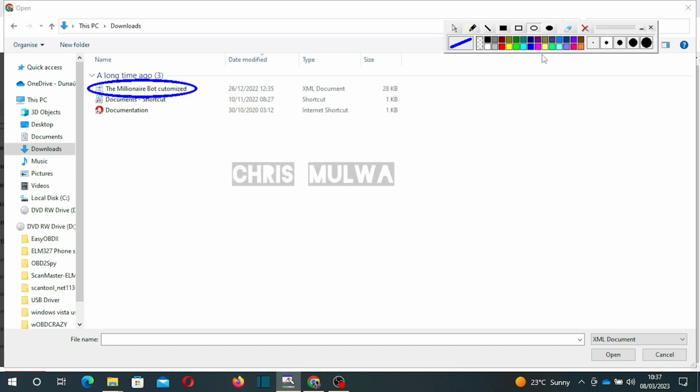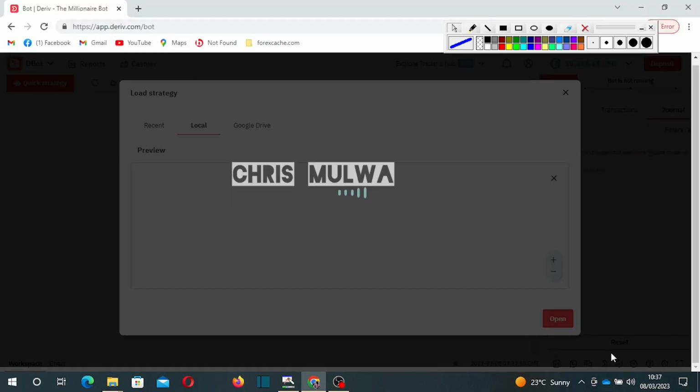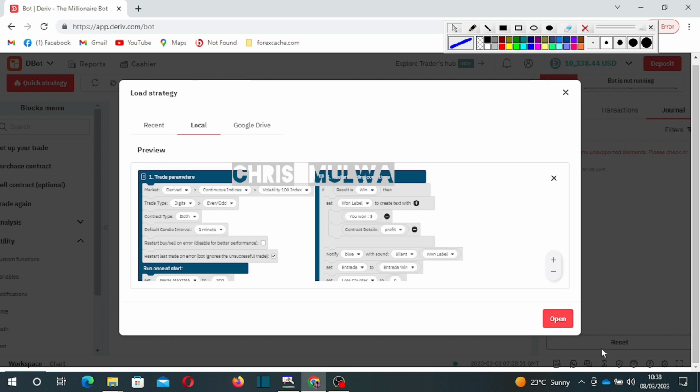Okay, so click, then I choose open. I can even double click. The bot is here, so we again select the option. You can see that we are on the load strategy panel.